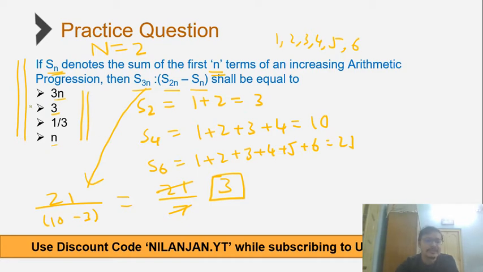Hence the answer is option B, that is 3. So n equal to 2 is all you need to get to the answer. Out of the options, at n equal to 2, only option B is 3. Hence the answer is indeed option B.